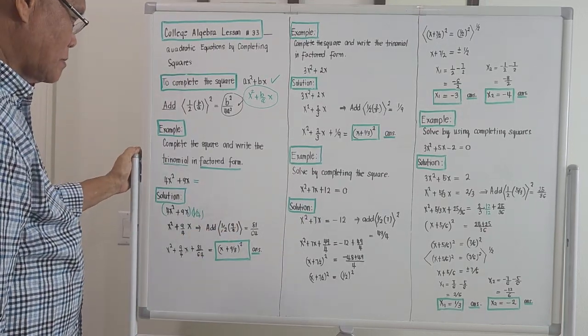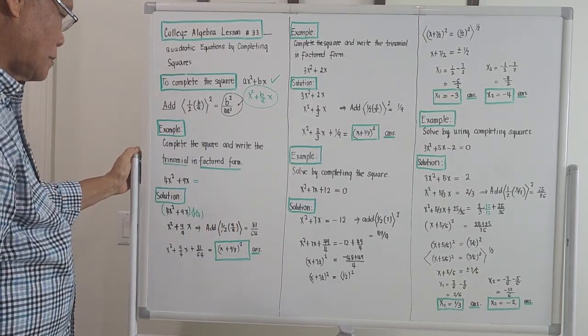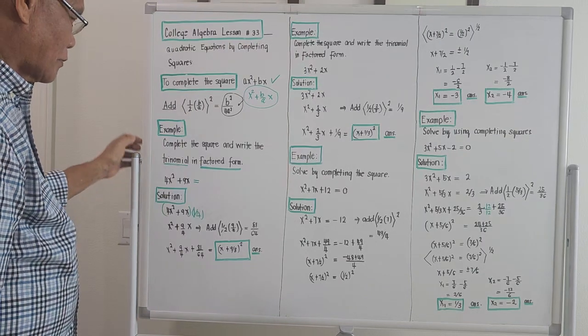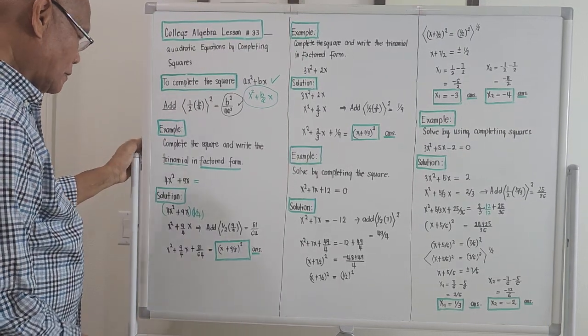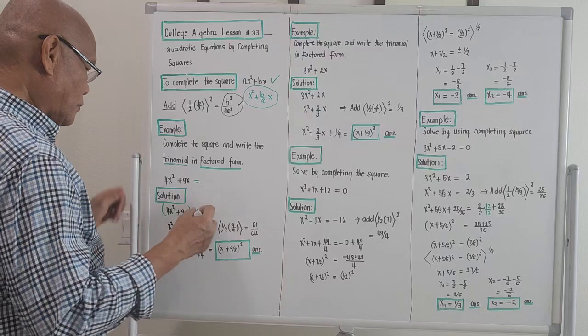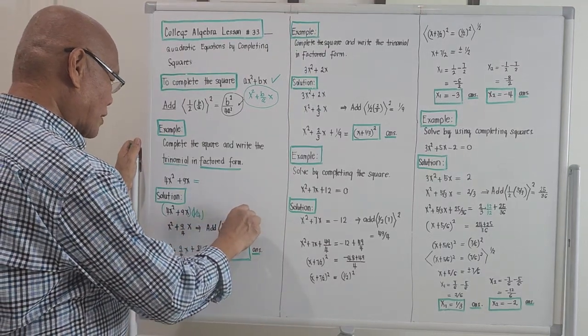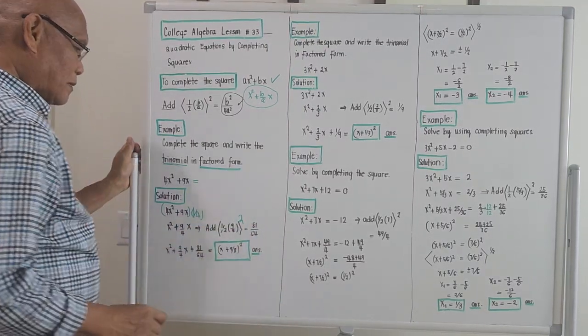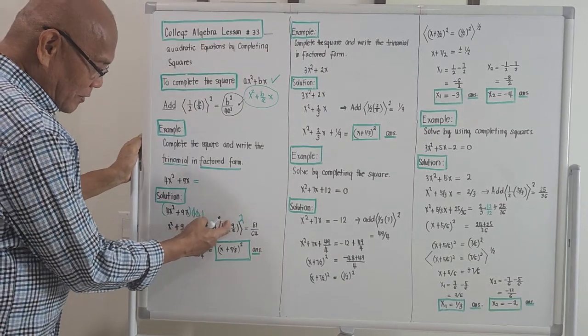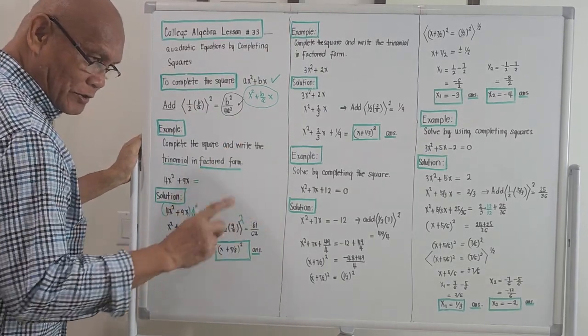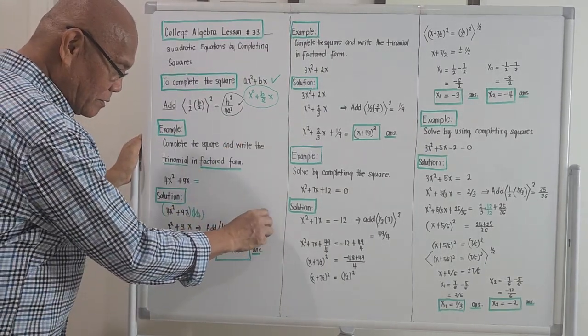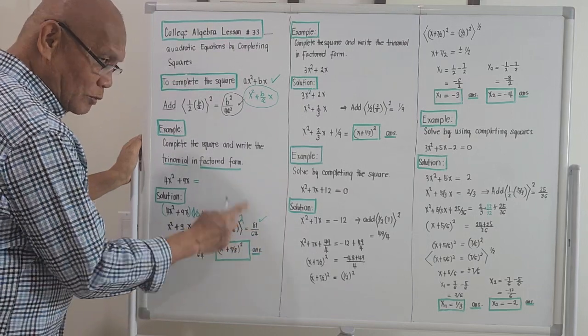We shall square it. 1 times 9 is 9. We square it, it will be 81. 2 times 4 will be 8.